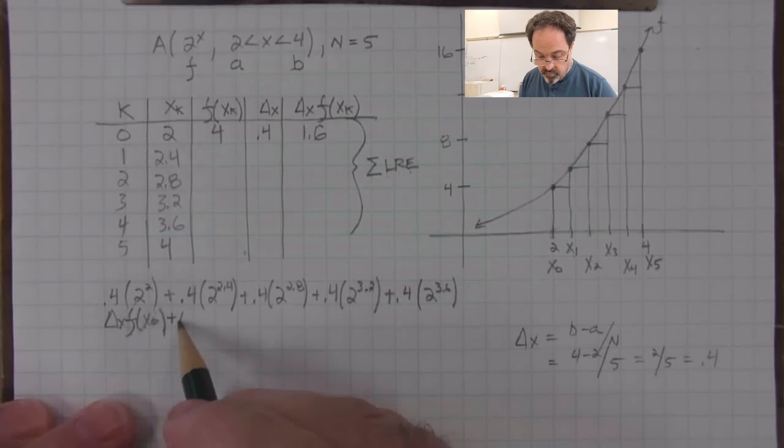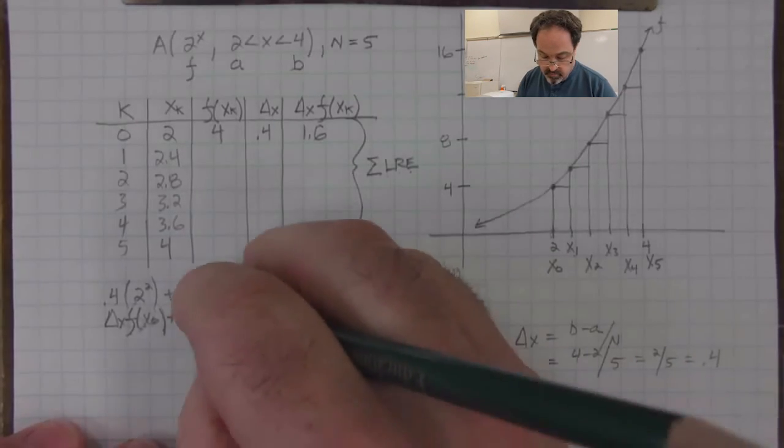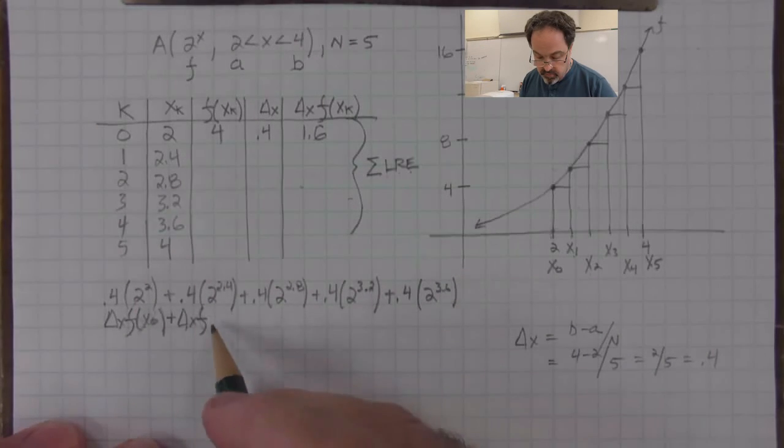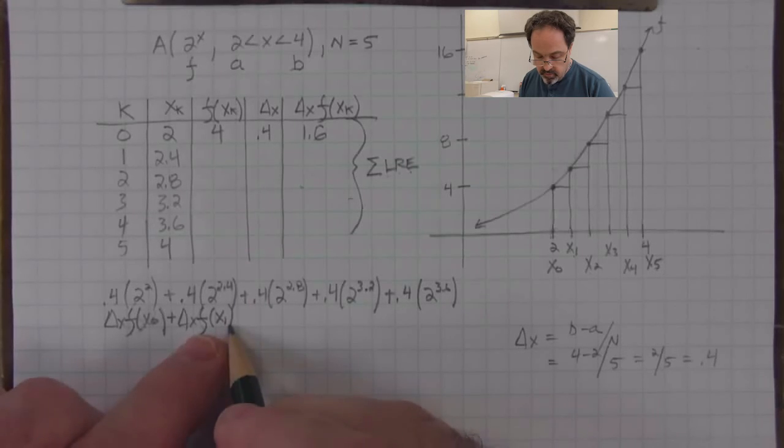Continuing with this general representation, I have delta x times the value of the function, where I'm increasing the k value to 1.